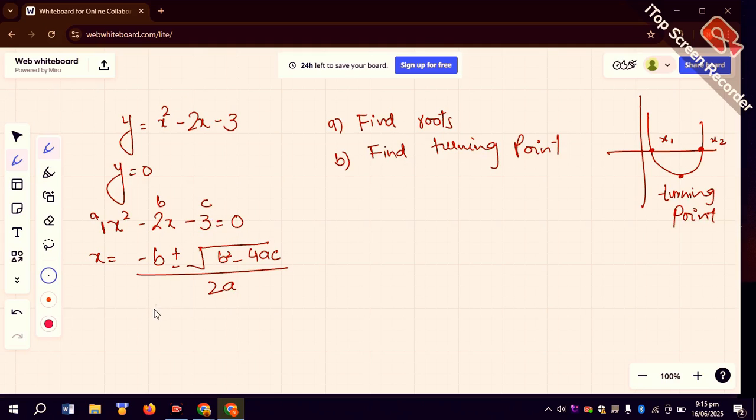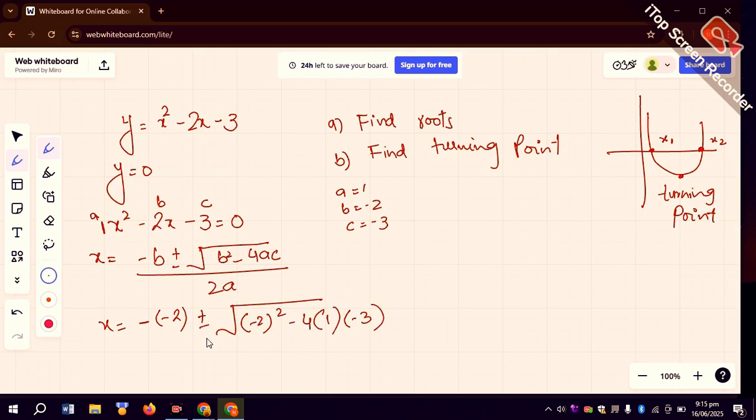So a is 1, b is negative 2 and c is negative 3. Now substitute the values. Negative b means negative negative 2, plus or minus the square root of b squared, negative 2 squared, minus 4 times a times c, over 2a. A is 1, so you will substitute 1 in it.